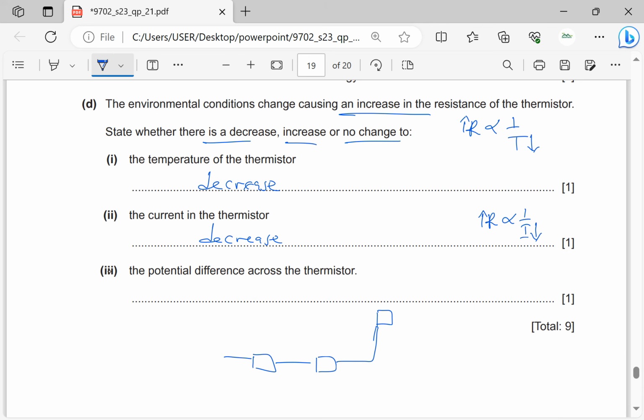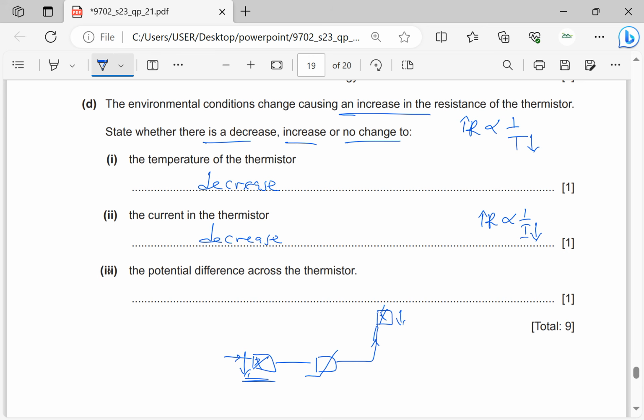So if the total current has decreased, the PD across the fixed resistors decreases. But because energy must be conserved, the PD across the thermistor must increase. So PD here decreases because the current decreases.